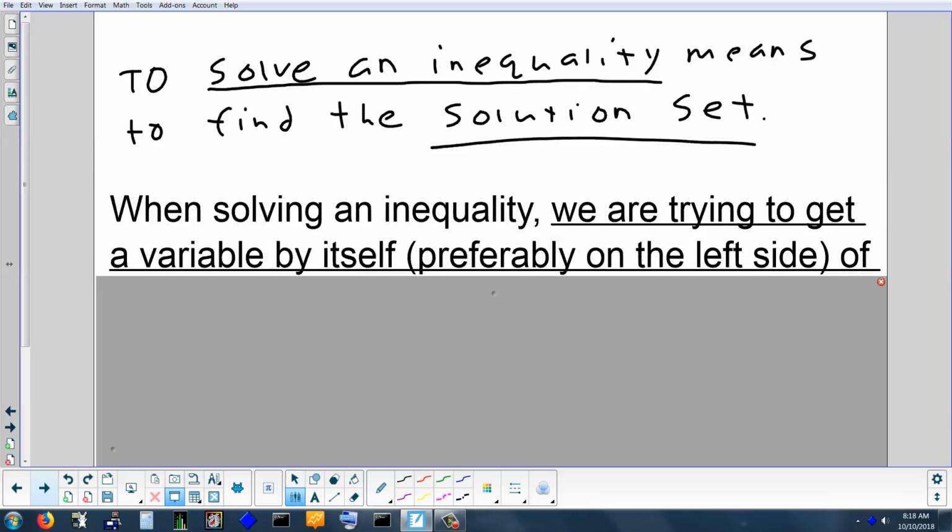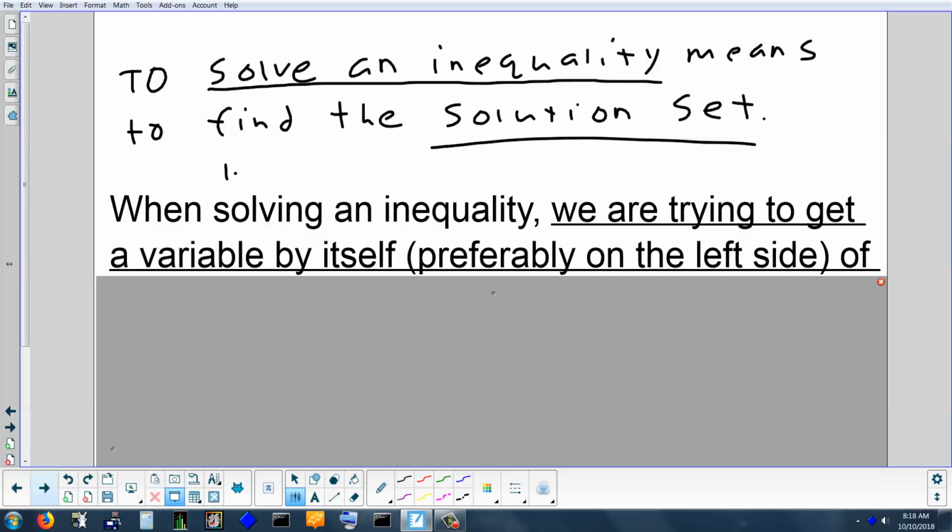All right. So where it says when solving an inequality, the part that's underlined, we're trying to get the variable by itself. And generally, you want to do it the way we explained it yesterday. Letter, symbol, number.